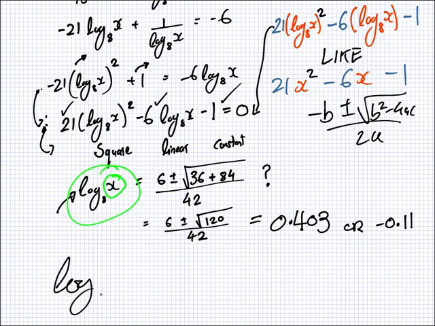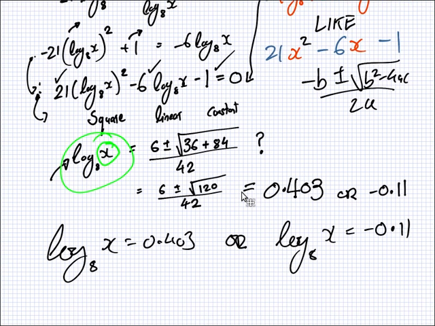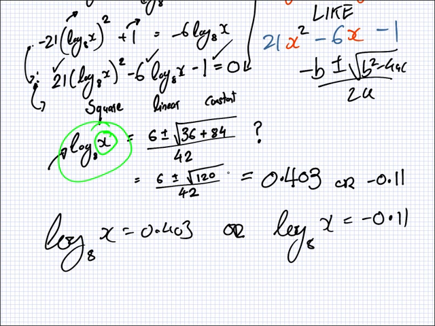Log 8x equals 0.403 or log 8x equals minus 0.11. The last line now, the answer. Does anybody know how to get to the last line? How do we do that?